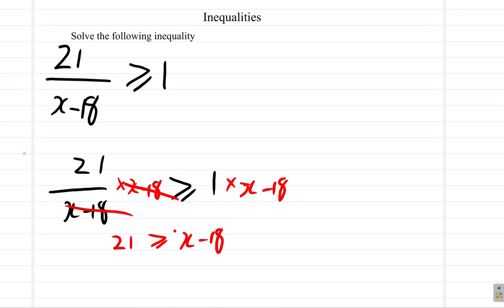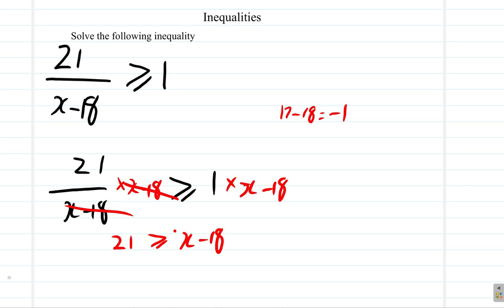What that problem is, is this. You see the x minus 18? You don't know whether it's positive or negative. You don't know what x is. If x was less than 18, then you would have a negative. For example, 17 minus 18 is -1, right? What would happen if x was equal to 18?